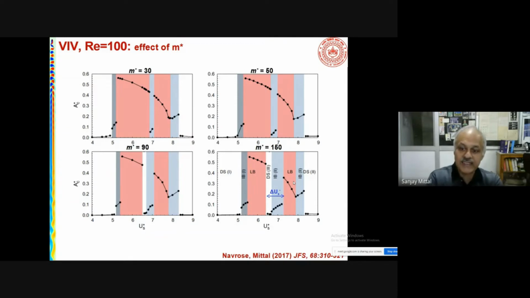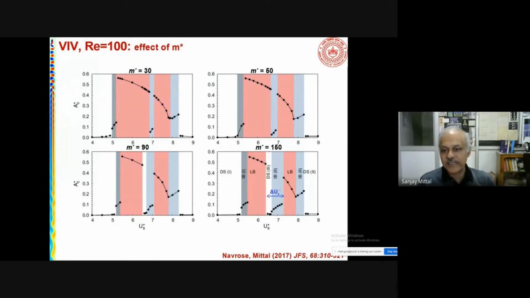So this was a lesson learned, that although low M star systems would have appeal of their own, but higher M star, for example, aircrafts in air, their flow-induced vibrations would be far more complicated than in a laboratory experiment done with some body in water where the density ratio is small. So one has to be wary of that.